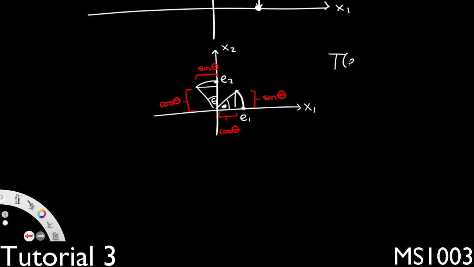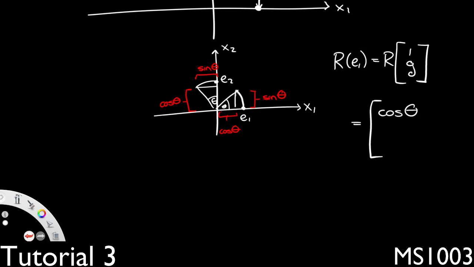So OR of E1 is going to change E1 from being E1 is 1, 0, 0. That's going to change it to, it's going to now have an x1 direction of cos theta.